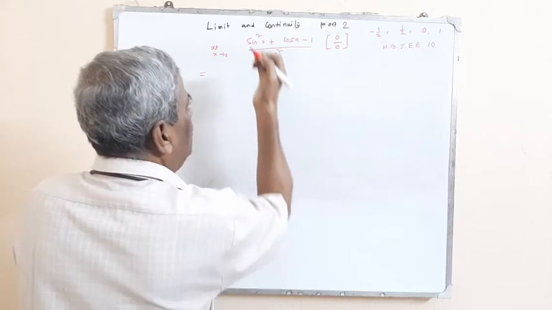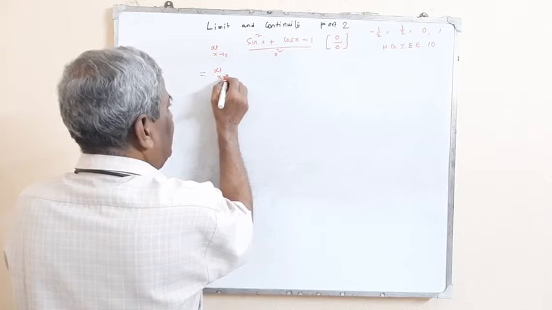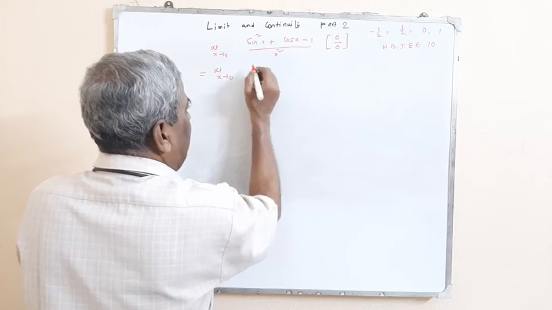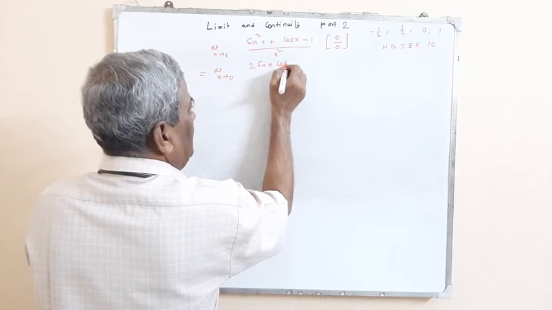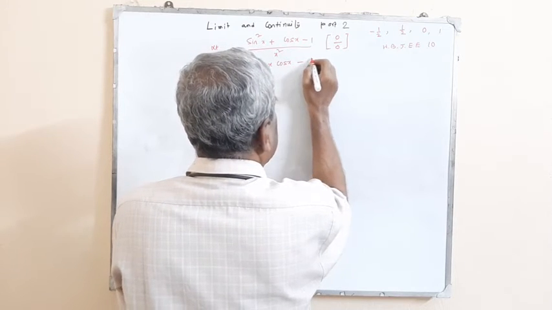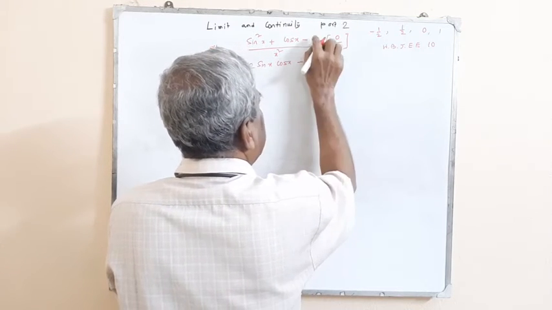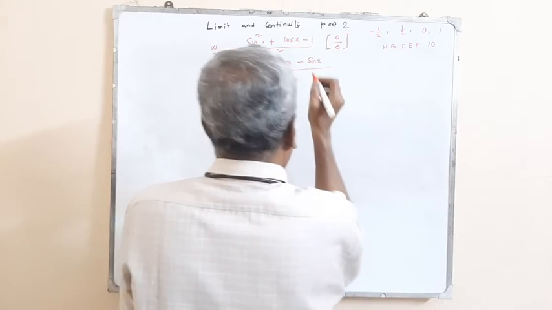In the L'Hospital rule, derivative of the numerator, sin square x, is 2 sin x cos x. Derivative of cos x is minus sin x, and that is 0 divided by 2x.